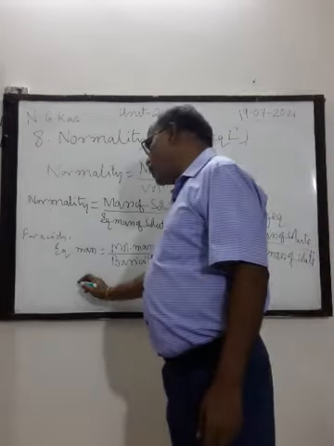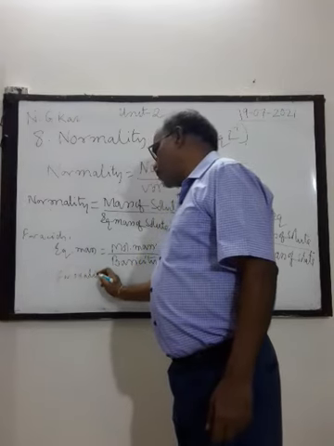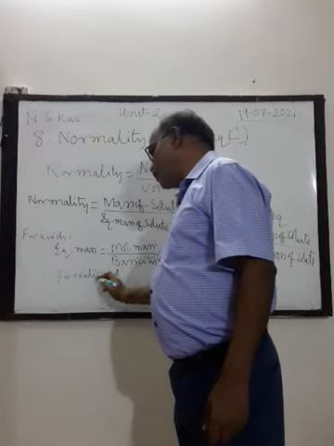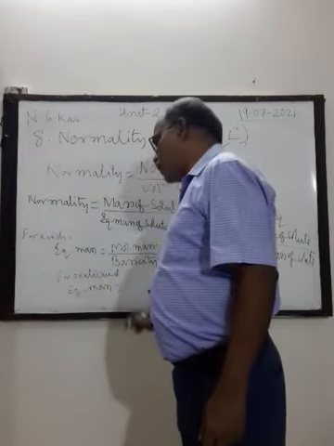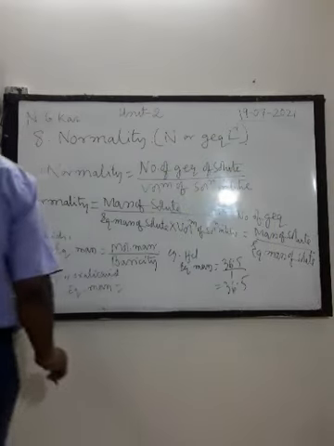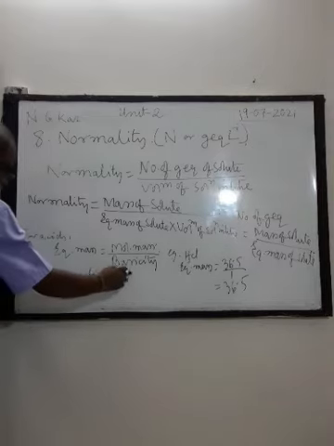For oxalic acid, what is the formula of oxalic acid? COOH, COOH with 2 water. So this is the formula of oxalic acid. If we take total molar mass, it is equal to 126.